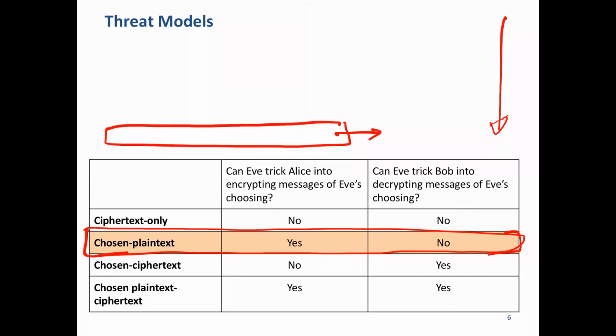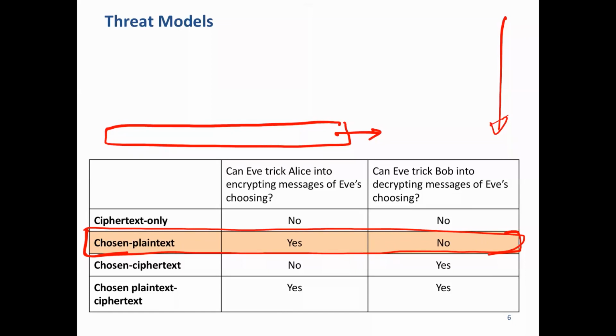She can read the ciphertext, but at the same time she has the capability of tricking Alice into encrypting a message of her choice. Why does Eve want to do that? Because if she forces Alice to encrypt a message of her choice, she may get some information about the encryption methodology, or she wants to guess something out of it.